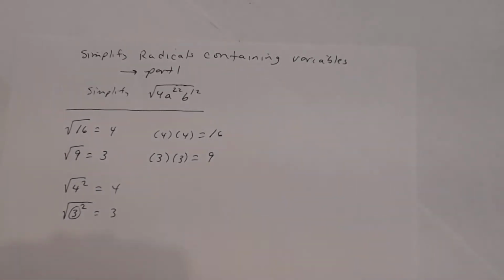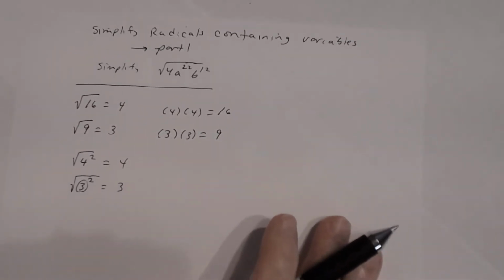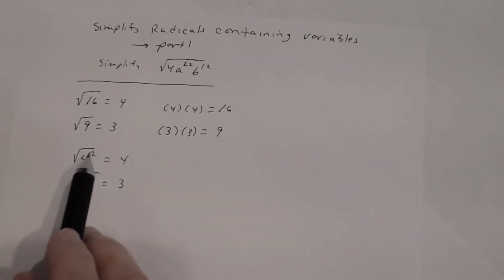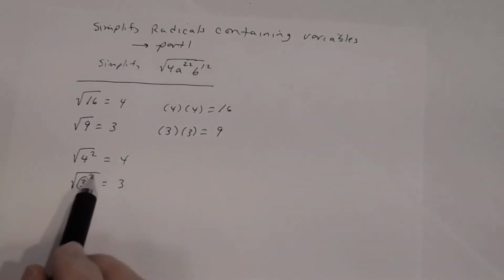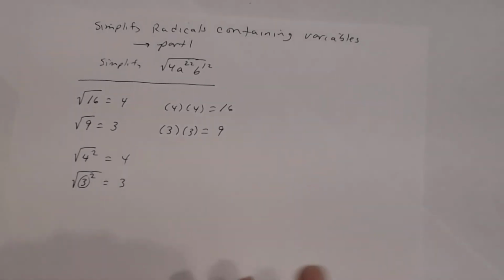Y'all agree? Okay. Now the question is, is this true all the time? If I'm taking the square root of some base raised to the second power, is it always going to be the base? So that's the part that we need to make sure we understand.